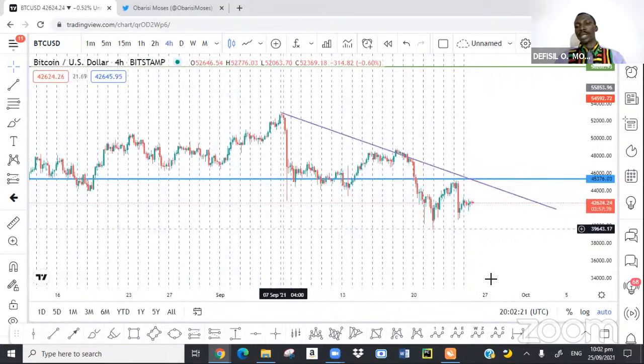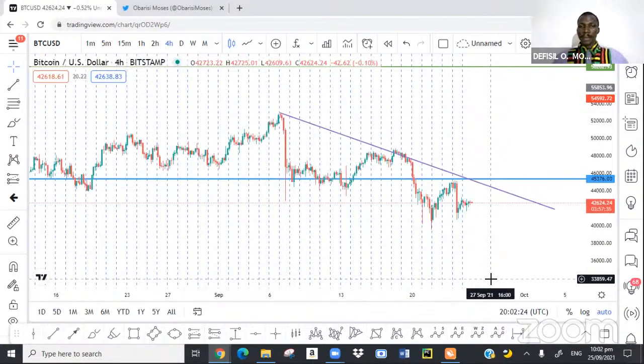Okay, on the 4 hour, we can see that the chart is still firm. The downtrend is still firm.